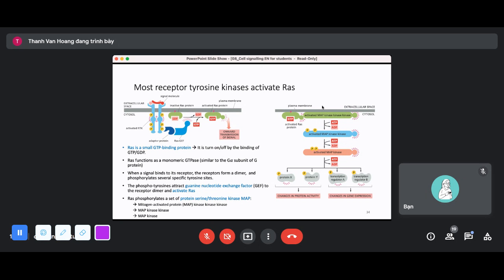You don't have to remember it in so much detail, but just remember that activated RAS activates the MAP kinase cascade. As a consequence, it phosphorylates and changes the behavior of many proteins. So the protein activity can be modified, or it can change gene expression.